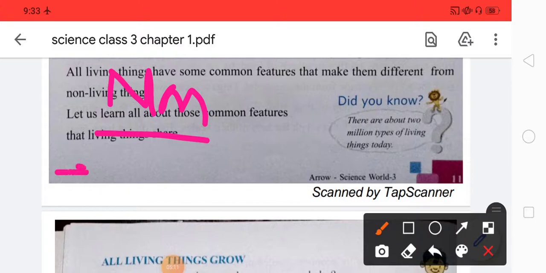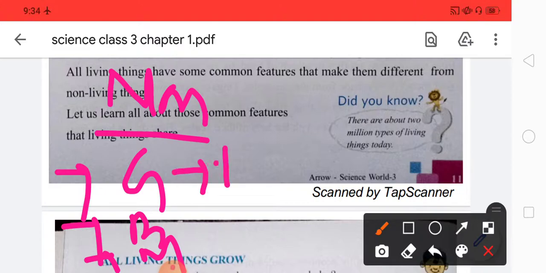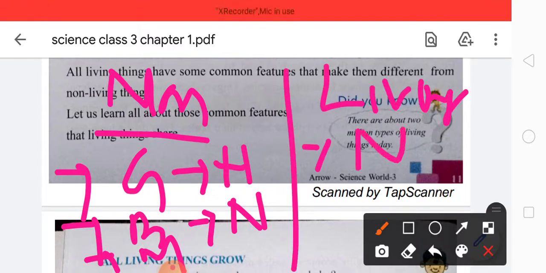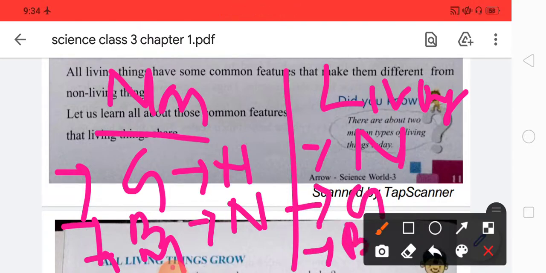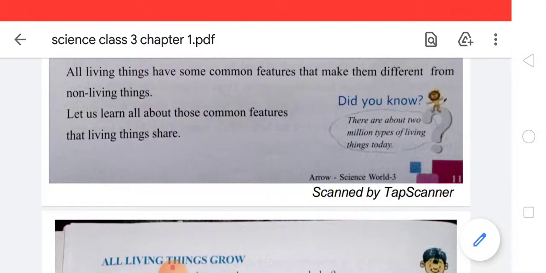Non-living things do not grow, breathe, or move, and are made by humans or created by nature. But living things are only created by nature, and they can grow, breathe, move, and eat. These are the differences between non-living and living things.